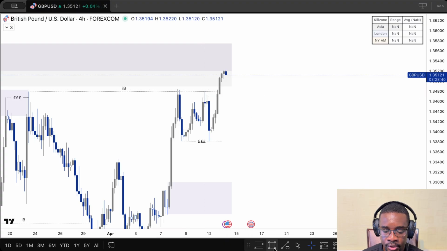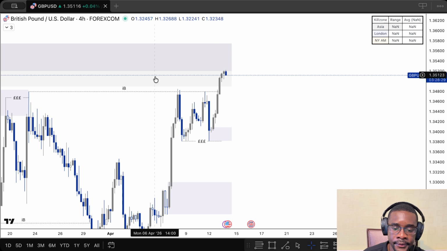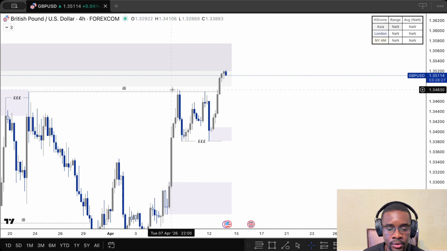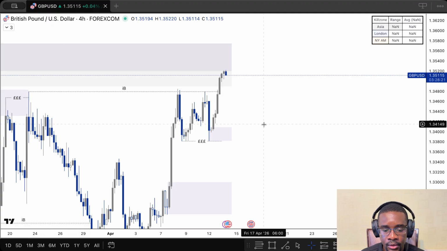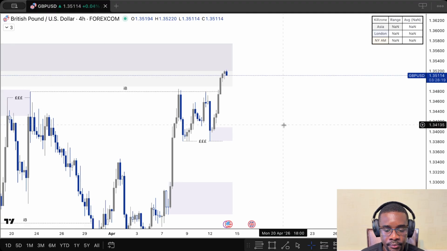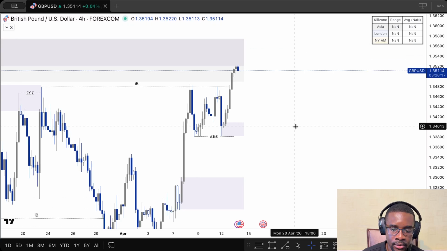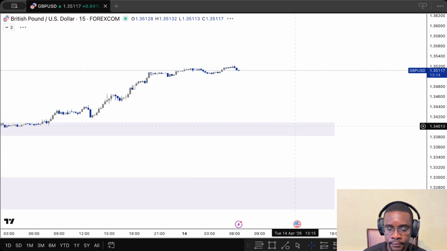We've had a break of structure, and this is my current demand, because it caused a break of structure right there. This is what we have. So let's look at the 15 minutes.